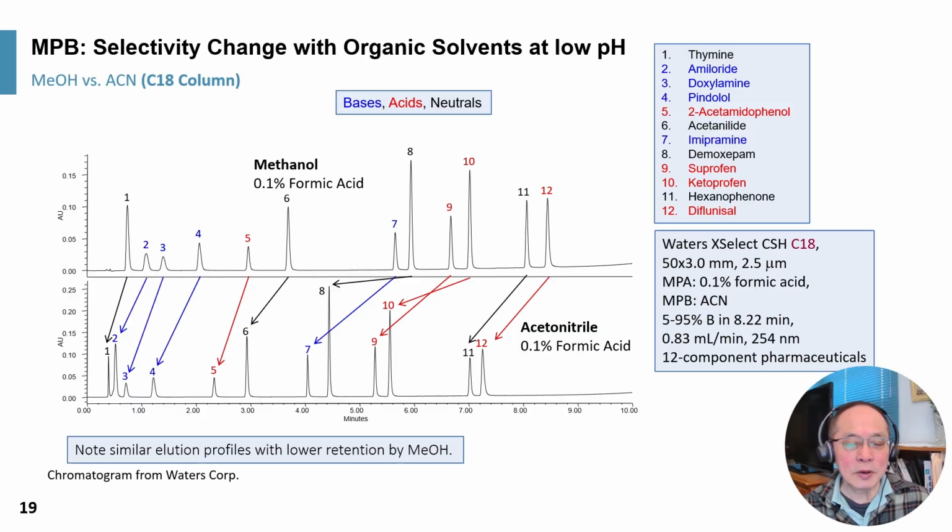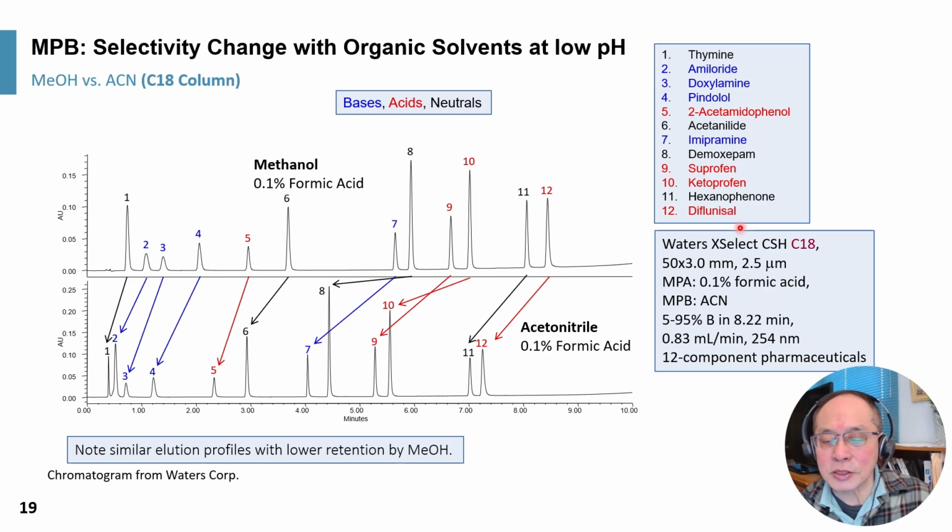In this slide, we demonstrate selectivity changes when we switch different organic solvents, from methanol to acetonitrile, using the same column and the same gradient condition. We are using a more complex sample of 12 pharmaceuticals. Most of these pharmaceuticals turn out to be basic, shown in blue.